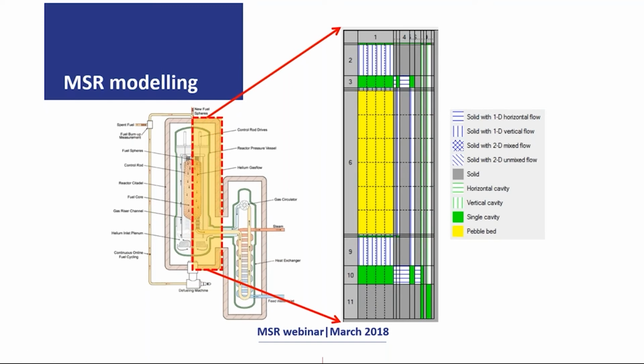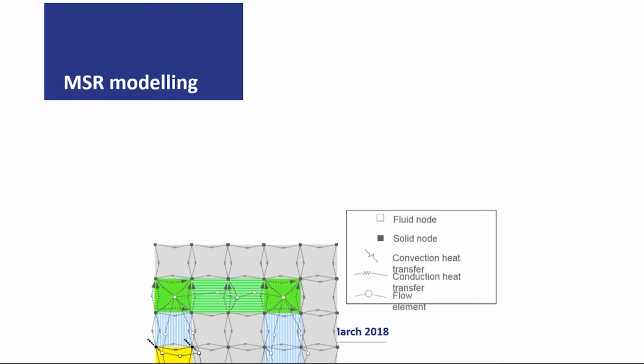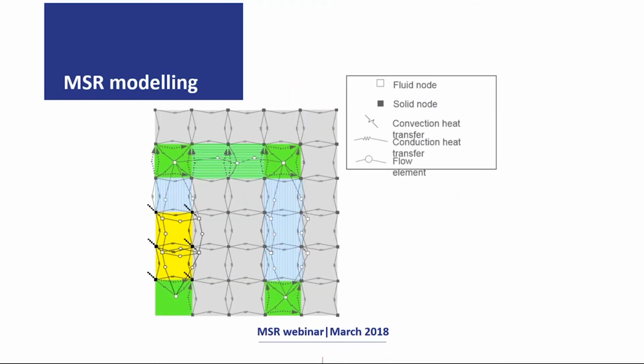Once I've set this up, Flownex will, in the background, create a flow network with heat transfer and also the flow components. And it will look something like this. Okay. Now, I'm not going to go into the detail involved with the discretization of this flow and heat transfer network, but basically it will be the flow coming from the outside, going into the reactor, and in here I will have my pipes or my flow components.